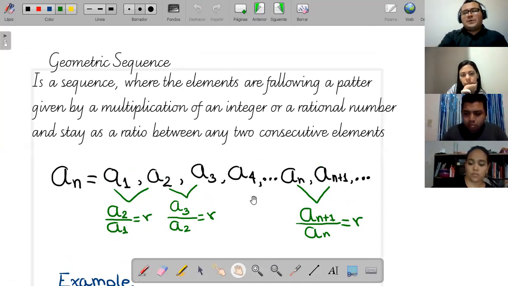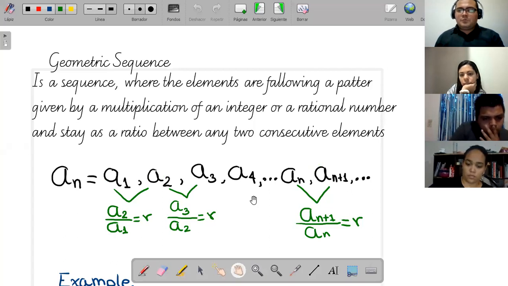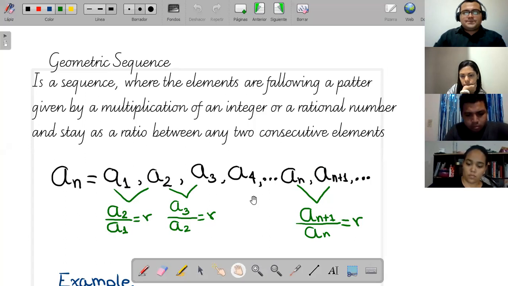But in this case, in the geometric sequence, you're going to follow a pattern not by adding or subtracting a number. You're going to follow a pattern by multiplying or dividing a number. Multiplying essentially because at the end, you're going to multiply fractions. And if I ask you to multiply by 1/2, it will be exactly the same as dividing by 2. So we can say just multiplication.